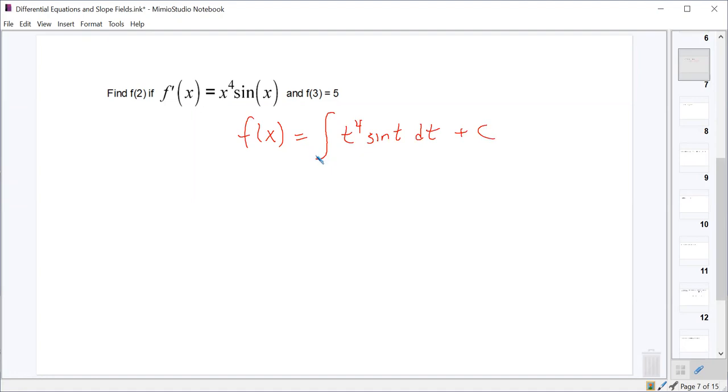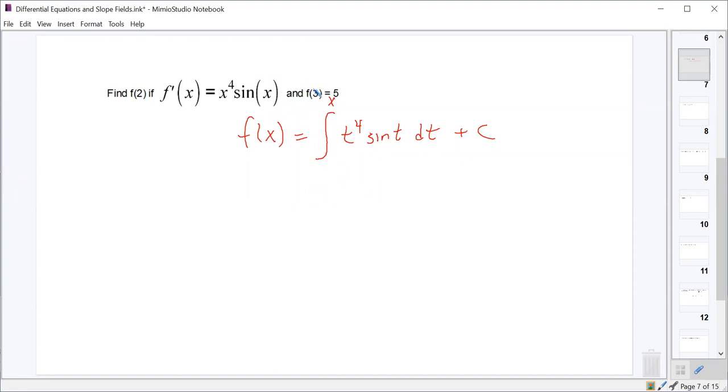And we're going to integrate this from some number to x. And we can really pick any constant that we want down here, but we want to pick the one that will strategically work when we look for f of 3.